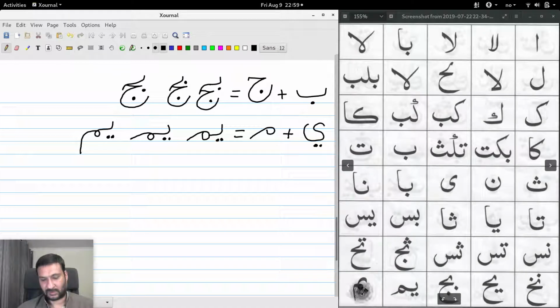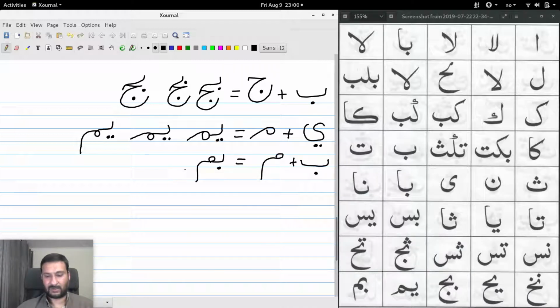As you see, the very next combination is a combination of ba and mim. So ba plus mim equals the first part of ba with the last part of mim. It looks like this. Sometimes this thing comes on the top depending on how a person writes.